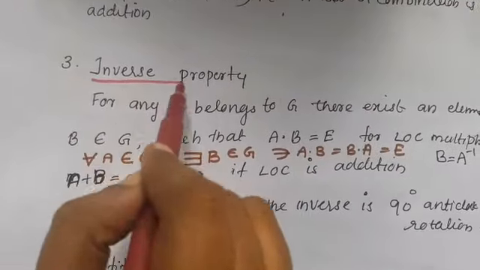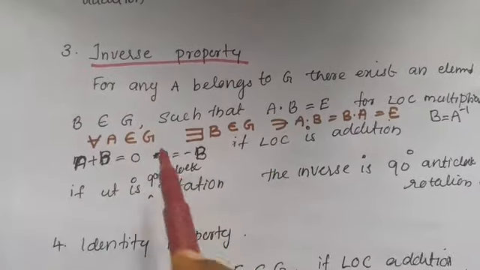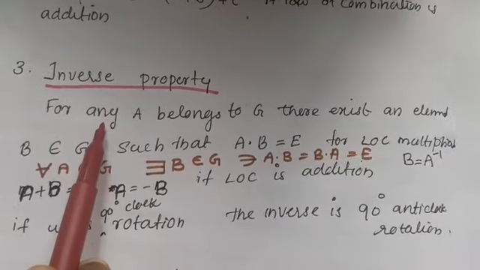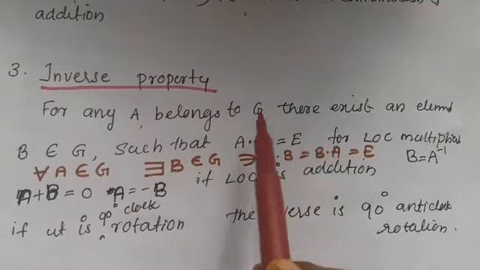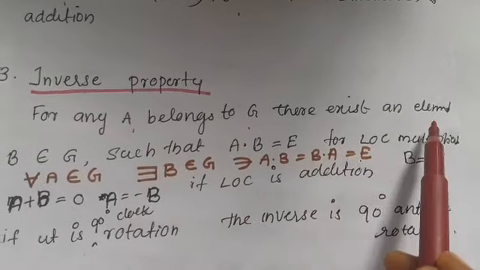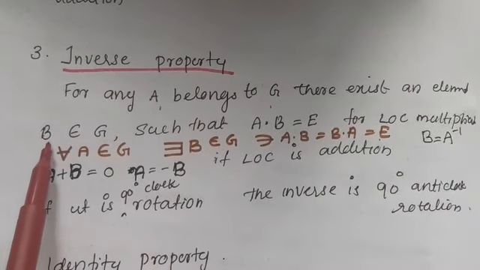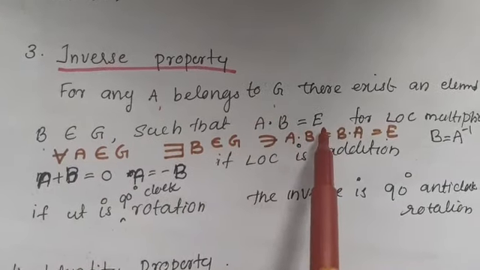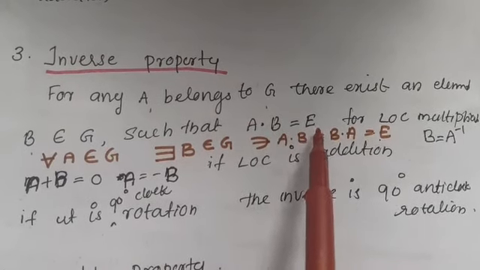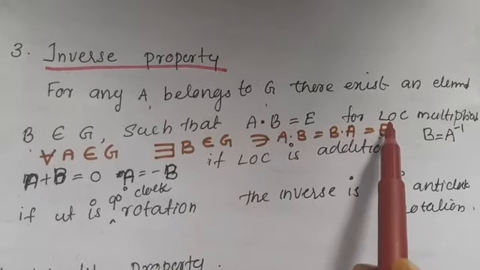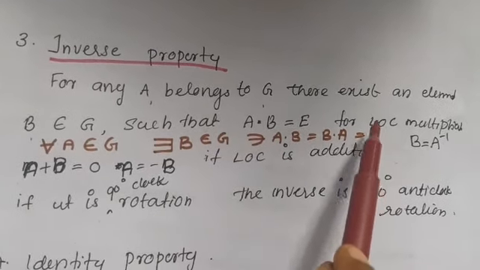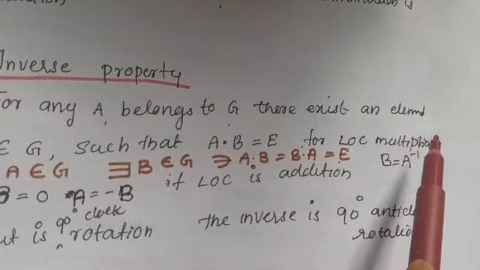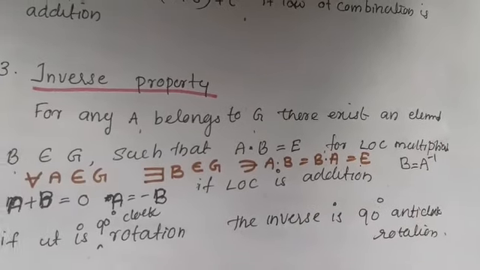Next property is the inverse property. In the inverse property, for any element A belonging to G, there exists an element B such that A dot B is equal to E, if the law of combination is multiplication.